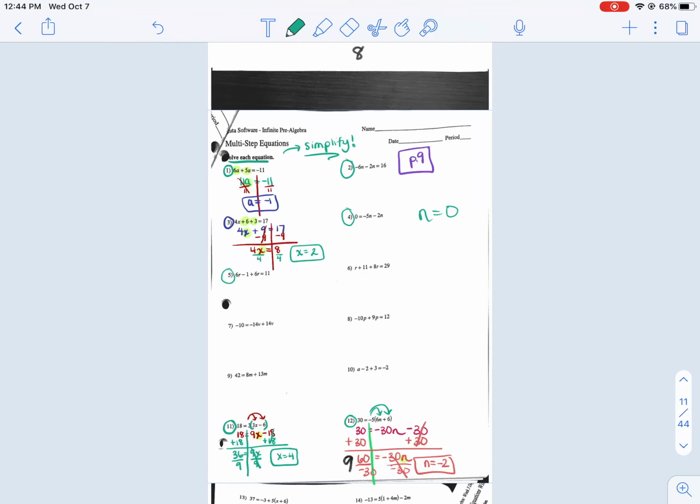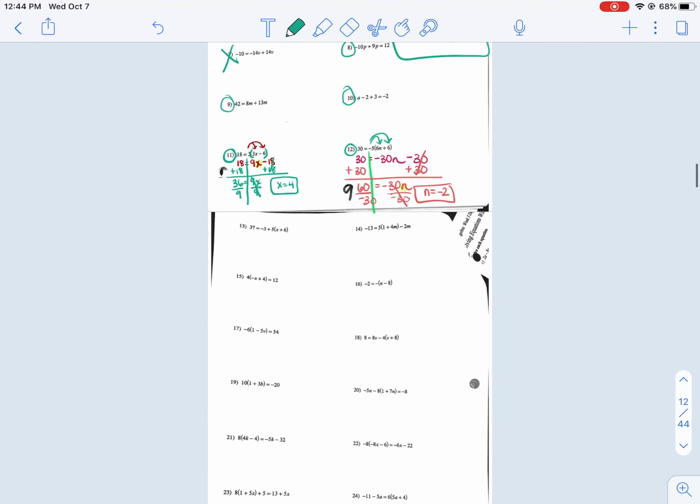Number 5, number 6. Oh wait, don't do 7, sorry. Do not do 7, there's a trick to it. 8, 9, 10. So on page 9, we're going to have you do 2 to 6, 8 to 10, and also just a few on the next page, page 10.